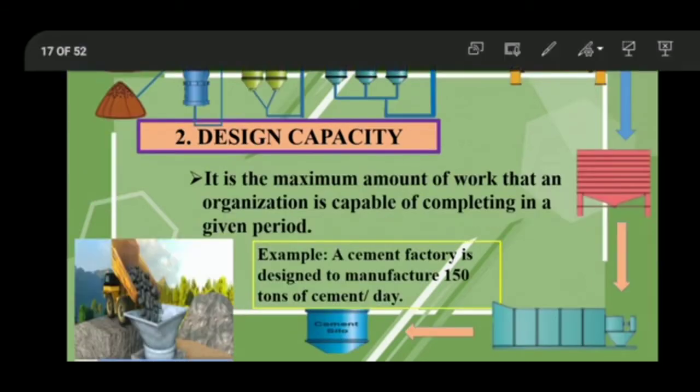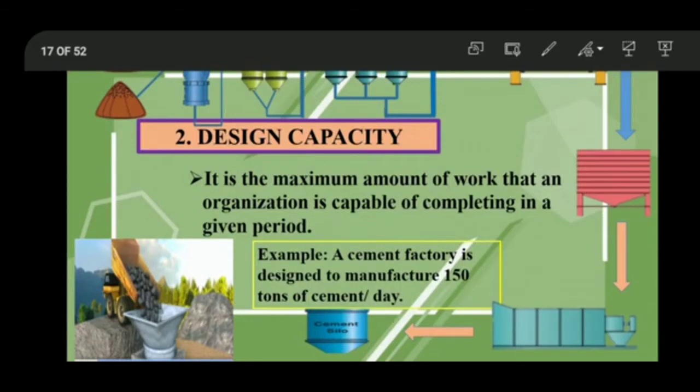Design capacity. Design capacity is the output that an operation can produce continuously at maximum rate without stopping for any shift changeover, maintenance, or any other delays. It is the maximum amount of work that an organization is capable of completing in a given period.